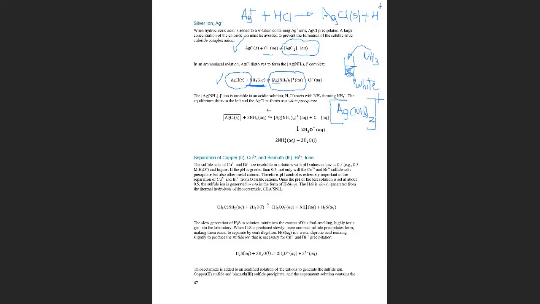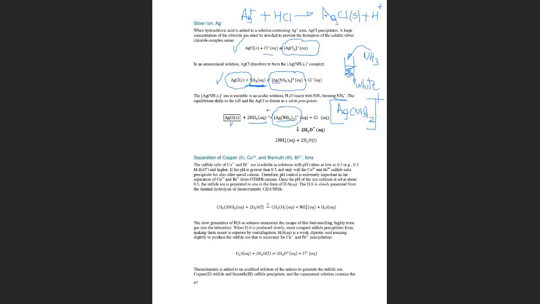Yeah, I get it. It's basically a second test. So you have the solid here. You add ammonia, and the precipitate dissolves. But what happened? The precipitate dissolved to form this complex ion, which is this one.